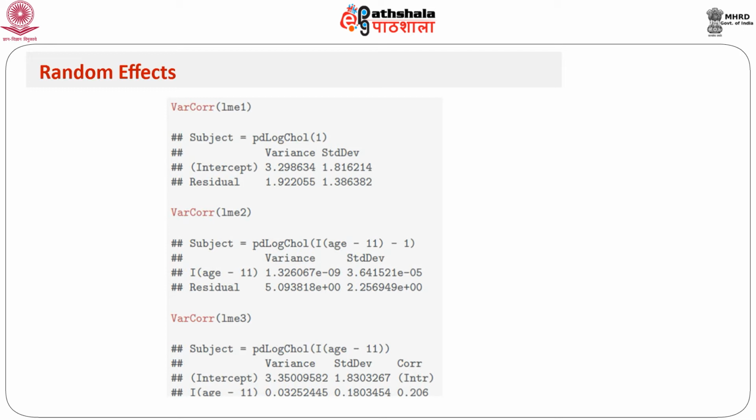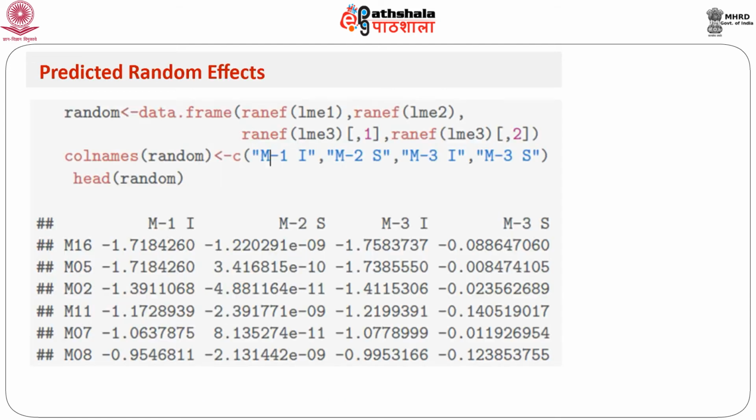That means intercept and slope are mildly positively correlated, because 0.206 cannot signify a very strong association, but they are definitely positively correlated, meaning that if the intercept is high, then the slope value is also expected to be high. Now I can get the predictions from the ranef function. ranef of an lme object would give the random effects.